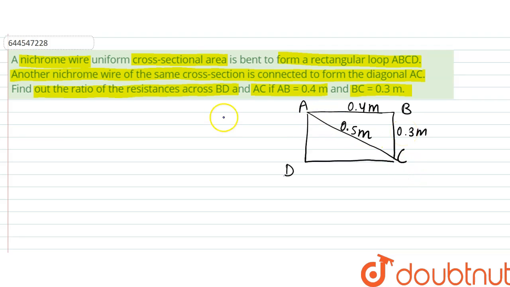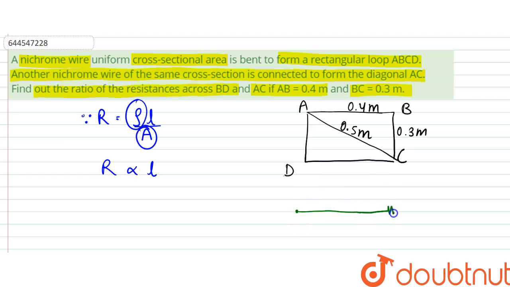Since resistance is equal to rho L by A, here the resistivity is the same and the cross-sectional area is also the same, so R is only proportional to L here, right? So according to length we have the resistances. Let us assume, let's say this is A and this is C, right?